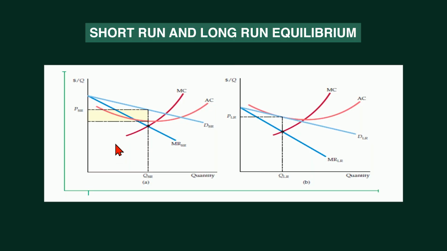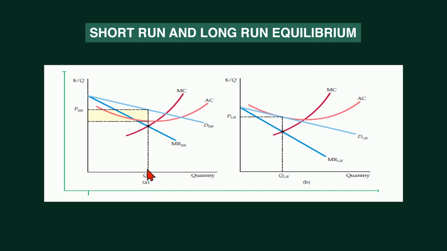If you look at this diagram very carefully, for the short run output QSR, total revenue is this much, because this is the price and this is the quantity, so this is the total revenue that one can earn. But how much is the cost of production for producing QSR? Draw a vertical line from this point up to the average cost curve.